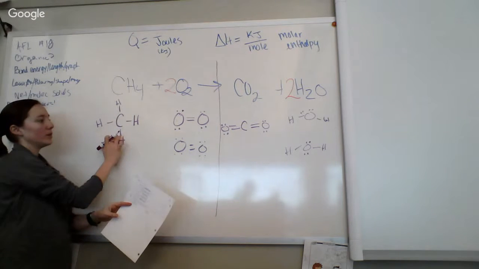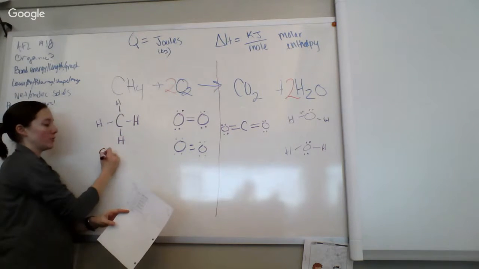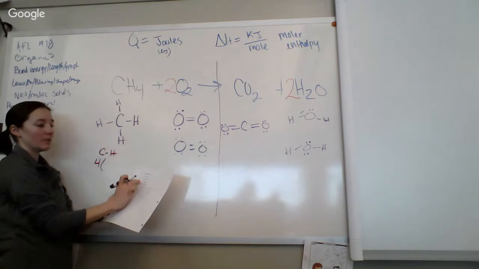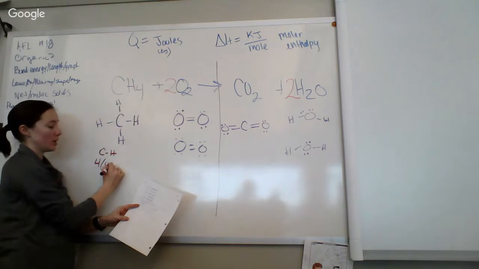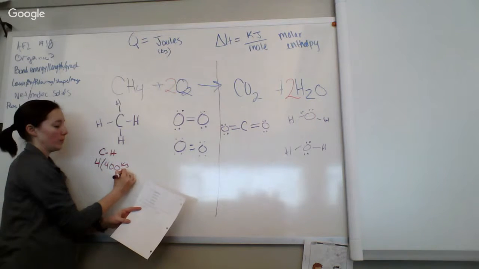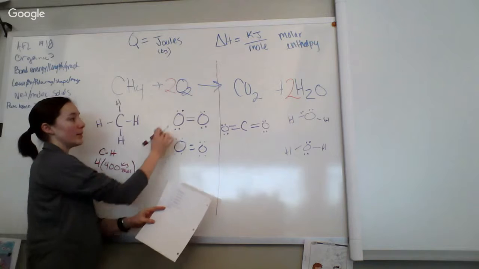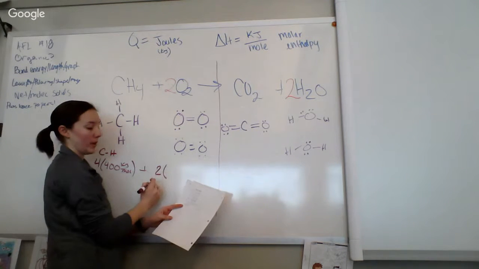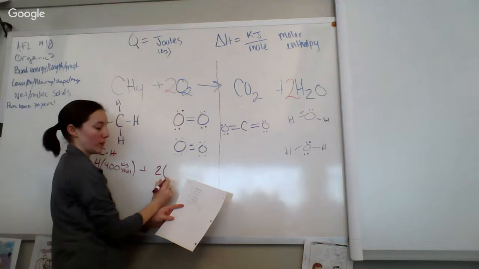So here, how many different bonds will I have to break that are carbon-hydrogen bonds? 4. So I'm going to have 4 times my carbon-hydrogen amount, which is going to be 400 kilojoules per mole. And I'm also breaking 2 double-bonded oxygen atoms, because I have 1 in each of my molecules.